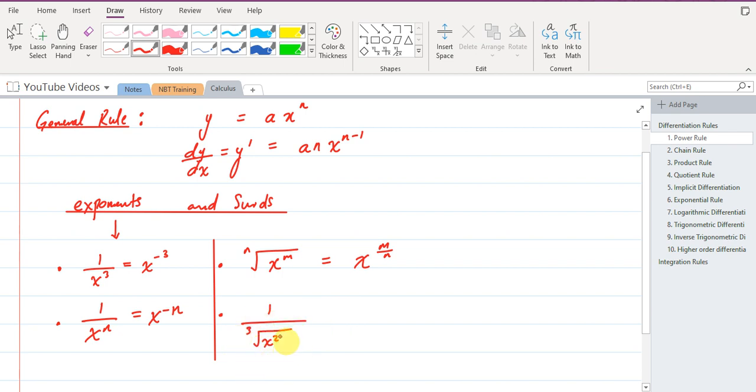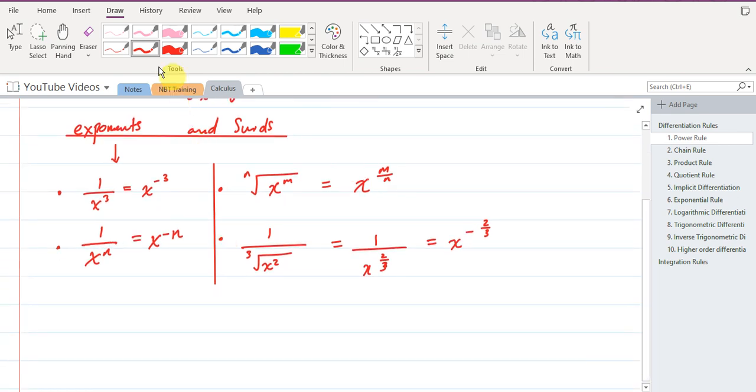We need to convert it as 1 over x to the power 2 over 3, inside over outside. Since we are differentiating, we need to write it in terms of power rule, so you will just get x to the power negative 2 over 3. You can go directly from this step to that step. Remember, we are only writing variables in terms of powers.